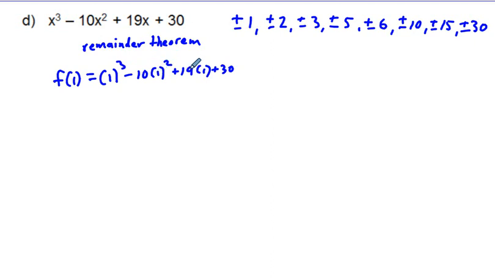Negative 9 plus 19 is 10, plus 30 equals 40. So therefore, 1 is not a zero. And therefore, the expression x minus 1 is not a factor.